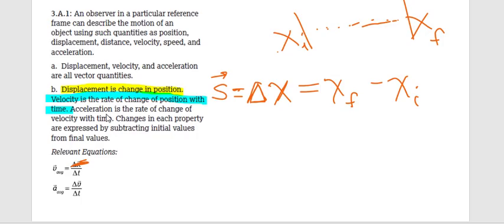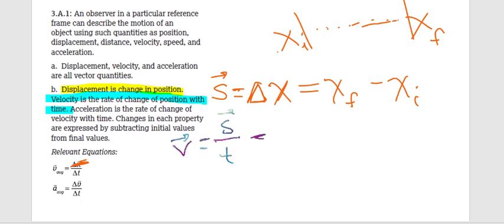Okay, this next one, velocity is the rate of change of position with time. If you remember, like miles per hour, meters per second, it is your displacement, that's an arrow, over time. That is velocity. And if you will recall, velocity is a vector. It's like speed with a direction.